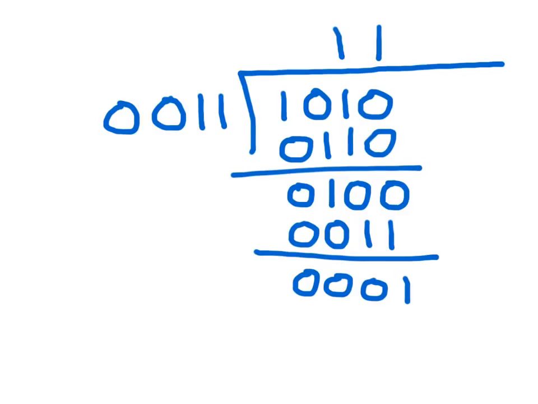So let's recap the method. When you are dividing a binary number into another binary number, you simply start by putting a 1 in the 1's place, see if that works, and then you try the 2's place and see if that works, and then the 4's place, and so on.